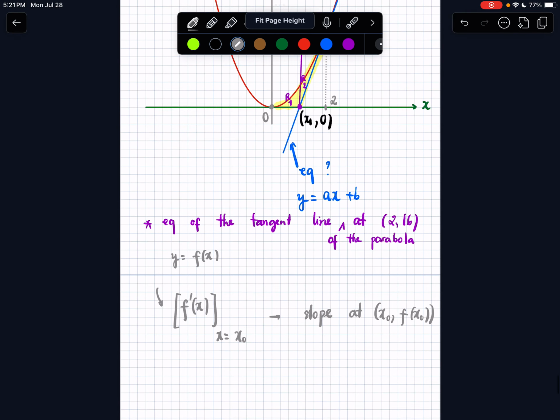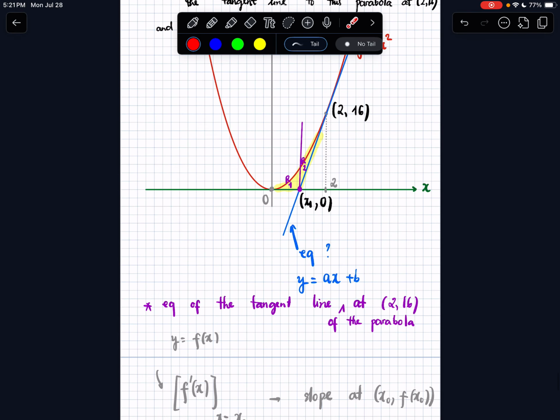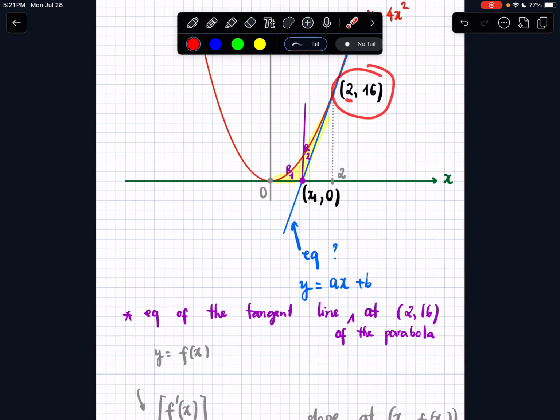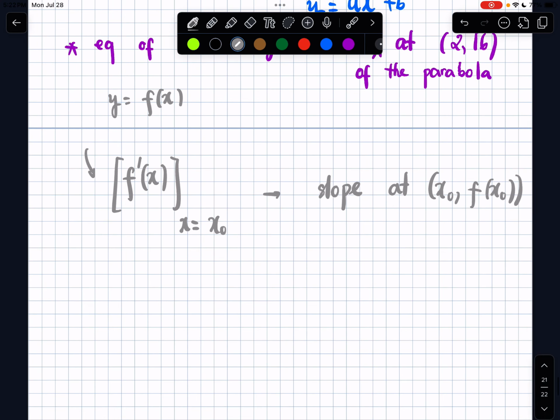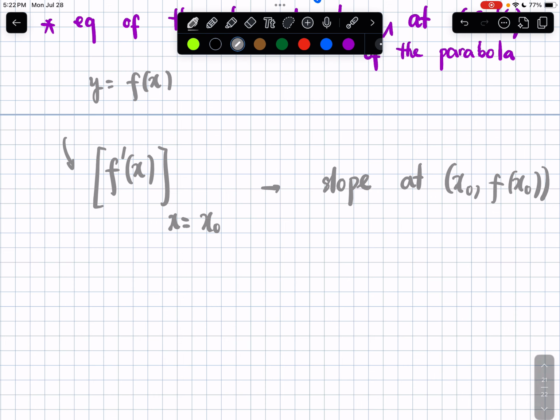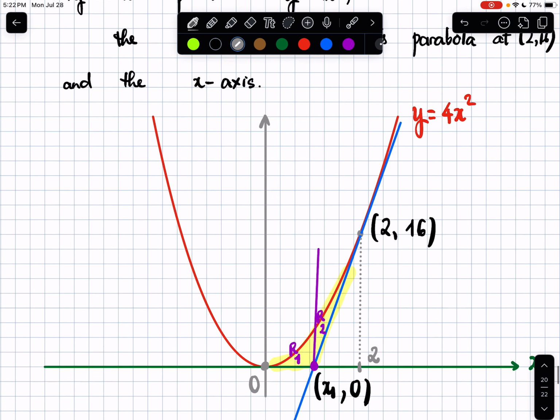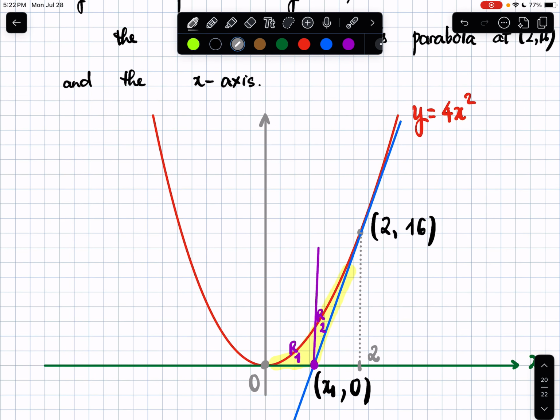In our case, x0 is 2, and we compute that by the derivative of f of x, which in this case is 4x squared.